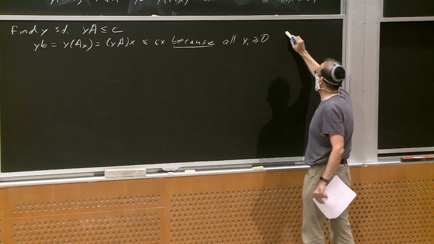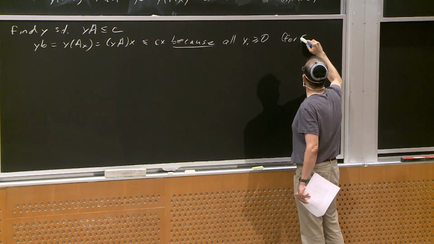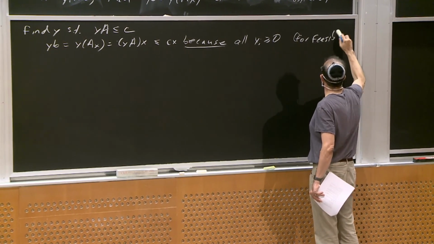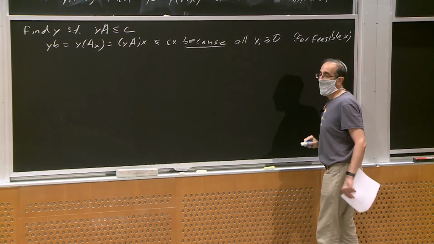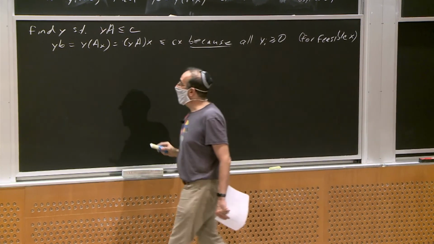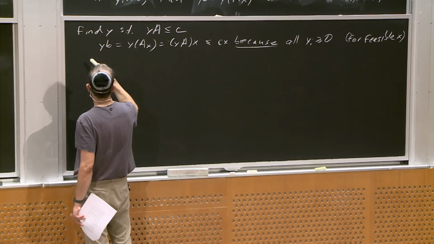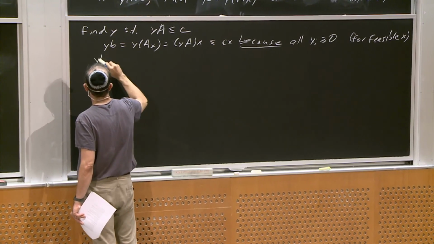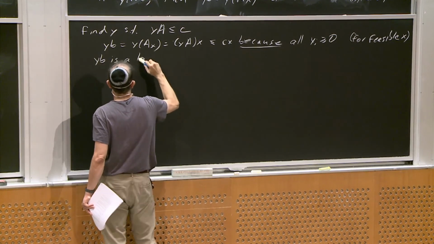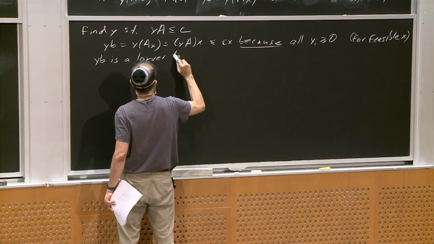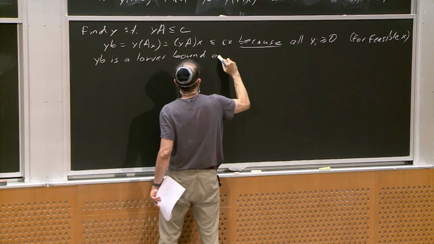Okay. And of course, here I'm talking about feasible x's. Right? In other words, we have a lower bound. Okay? We can conclude that yb is a lower bound on opt.